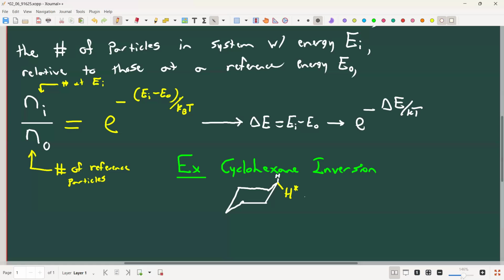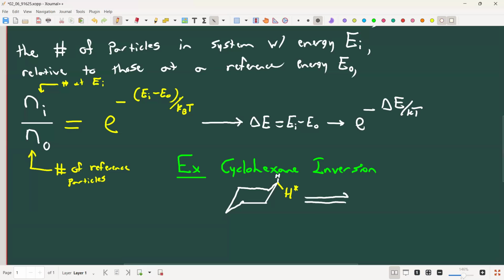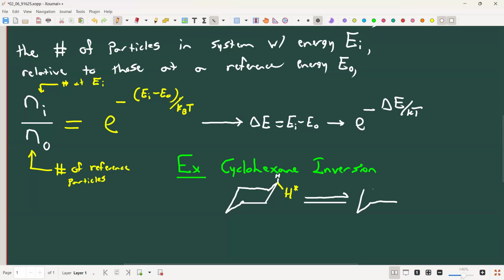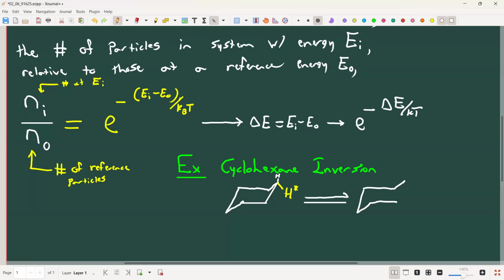So there's an equilibrium between this structure where the starred H is pointing down and where the starred H is pointing up.